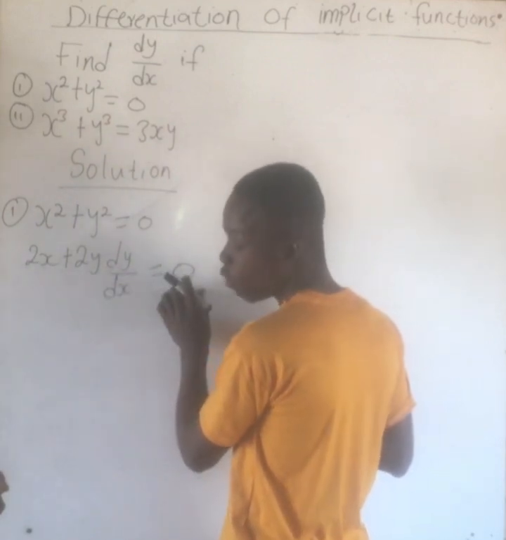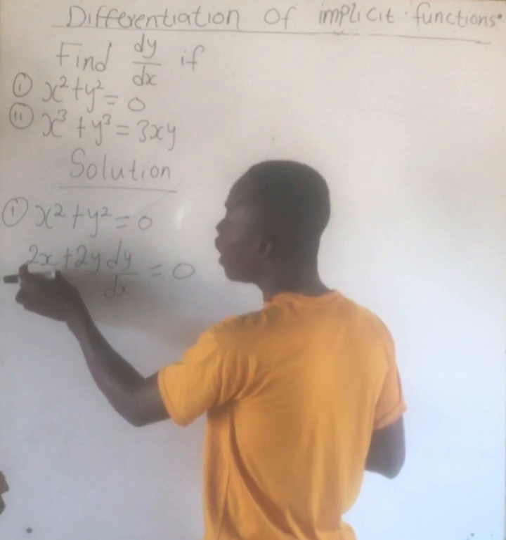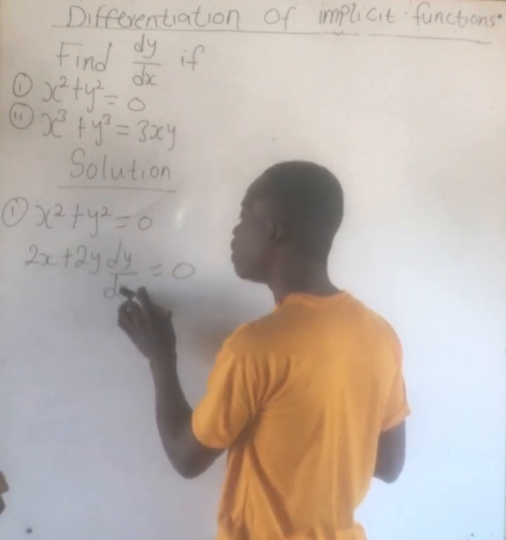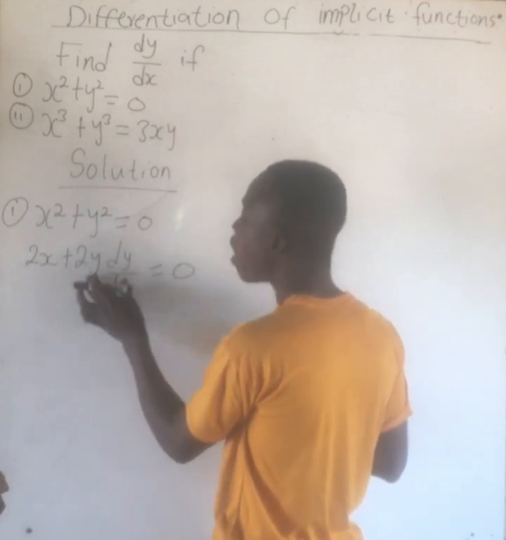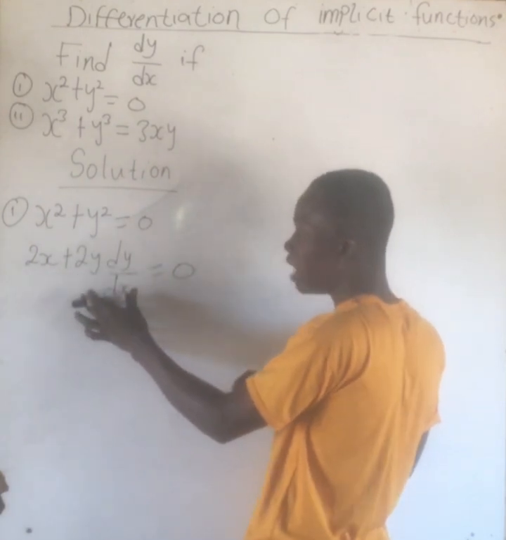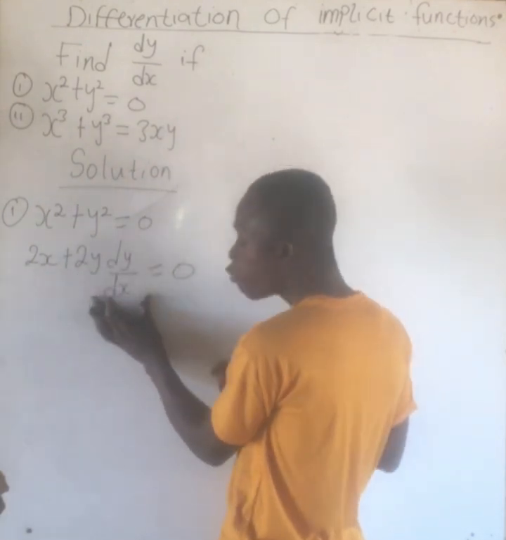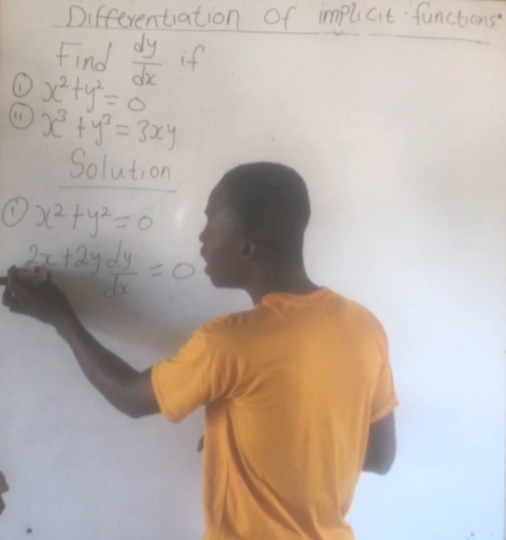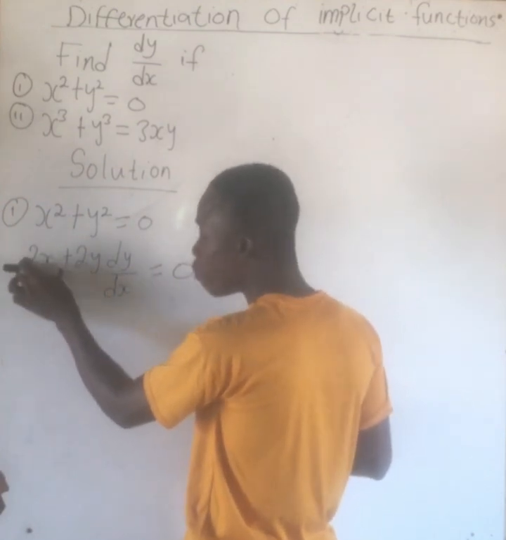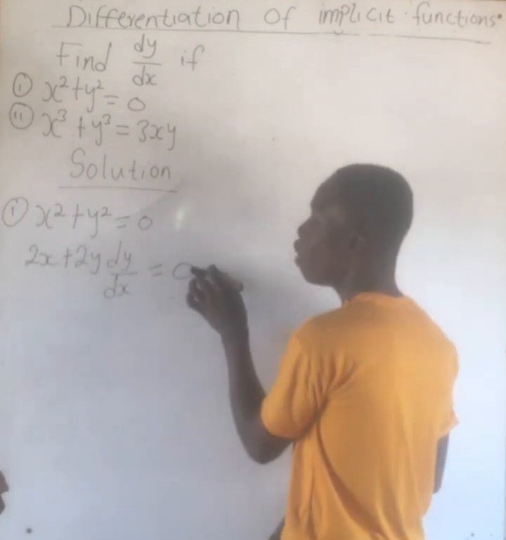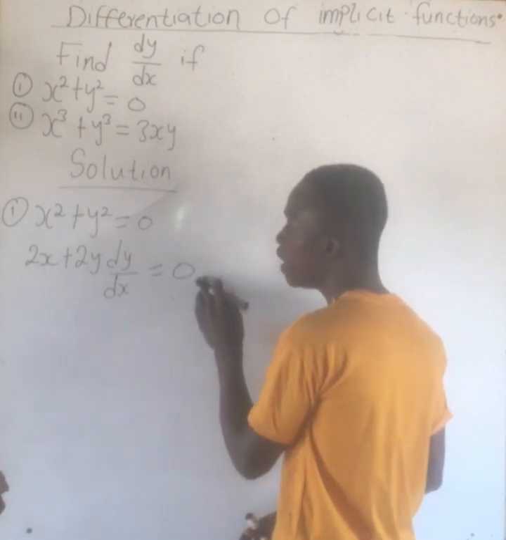For example, if I have 2x plus 2y dy over dx equal to 0, and I want to make 2y dy over dx the subject, I have to remove this 2x here. And when I'm removing 2x here, I have to also remove 2x here. So this is how it goes.